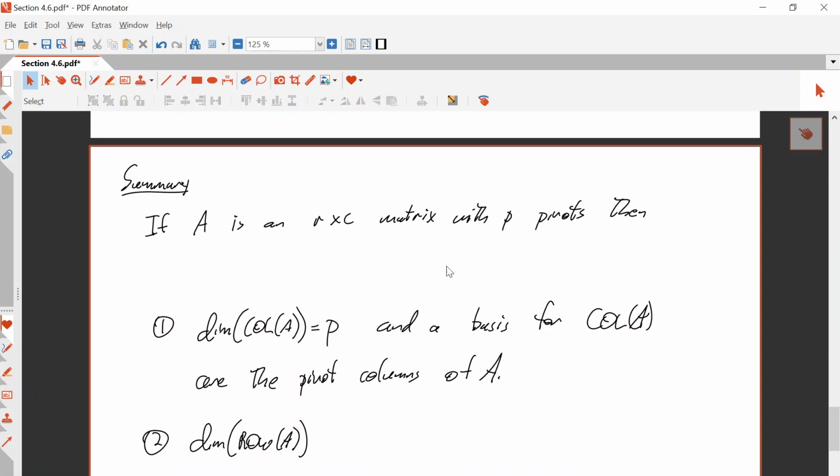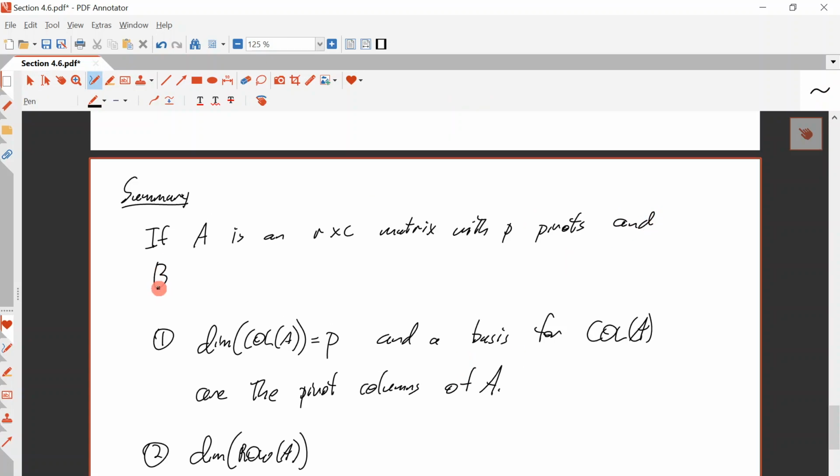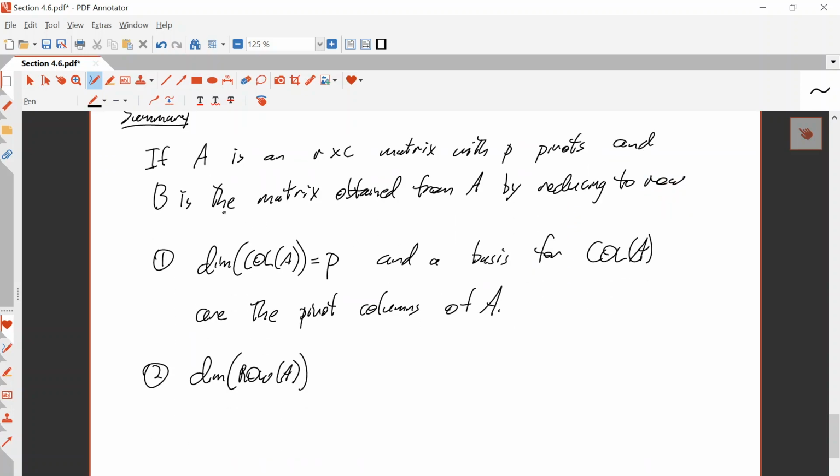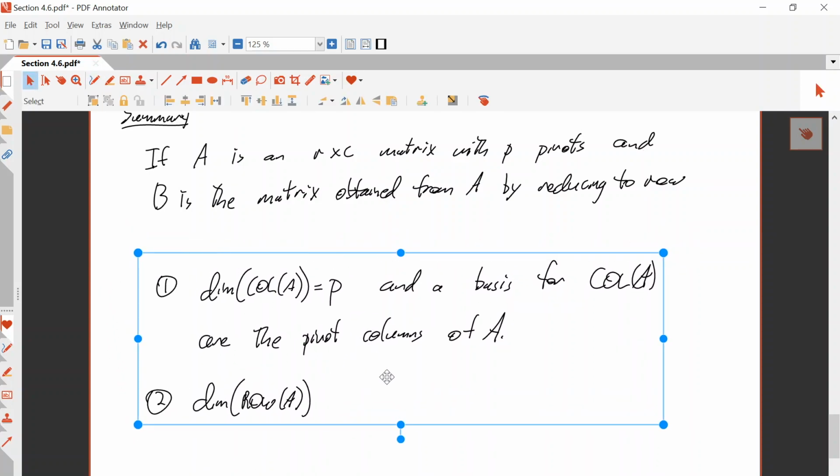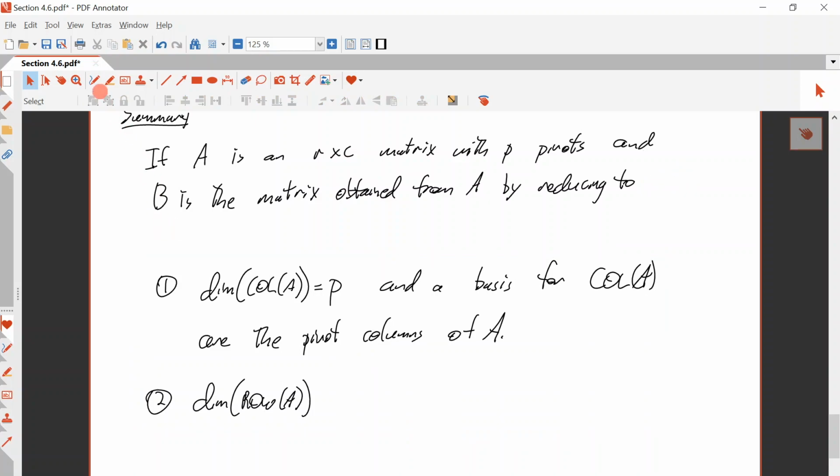If A is an R by C matrix with P pivots, and B is the matrix obtained from A by reducing to row echelon form, then 1.